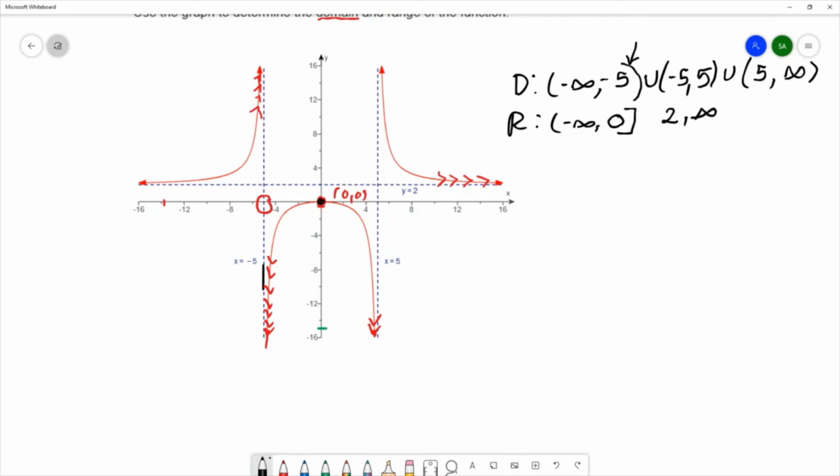On that 2 itself, we would use a parenthesis because this portion of the graph is getting closer and closer to that value of 2 without ever reaching it. So 2 will never be a part of the range because the graph never reaches 2. So we have our domain and range of this function.